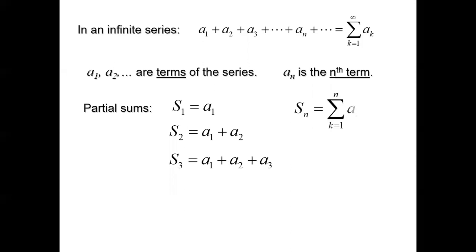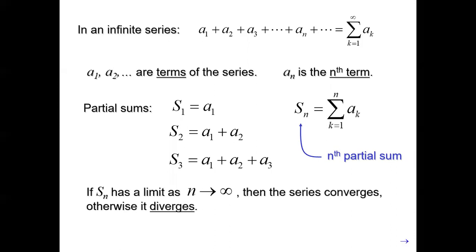Or the third partial sum, or the nth partial sum, where we take n terms. This is just the general expression. Obviously, we're going to want n to go to infinity to see whether or not the series converges or diverges. And if that nth partial sum does have a limit as n approaches infinity, it converges. Now, we may not know what it converges to, but we will know that it converges.